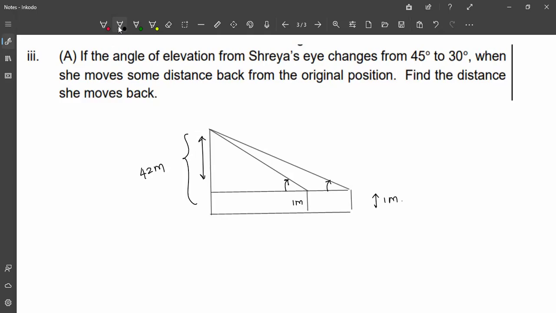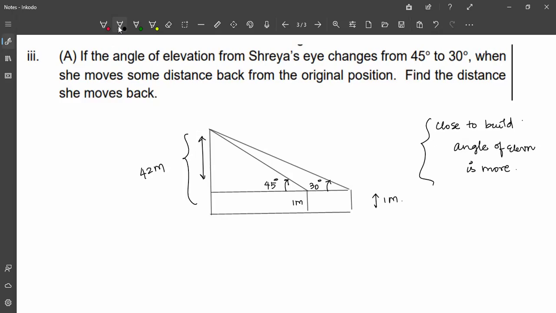When you move away from the building, this would be 45 degrees and this would be 30 degrees. So remember this, when you are closer to the building, the angle of elevation would be more, and the opposite happens when you move farther from the building.